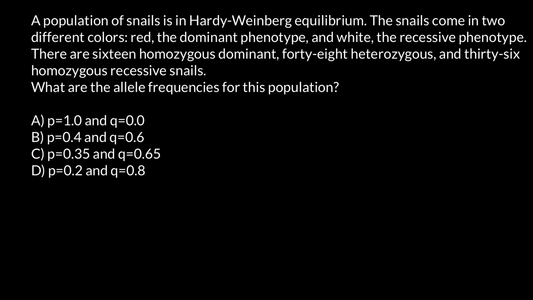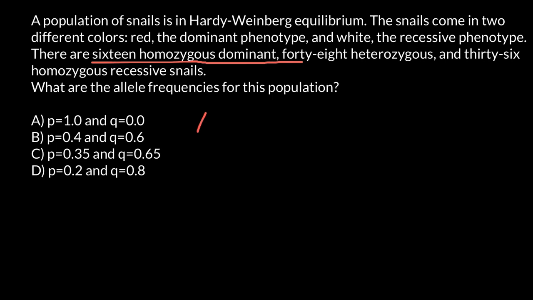So there are two approaches to solve this problem. The first one would be to group three genotypes into two groups. So we see here that homozygous dominant is 16.